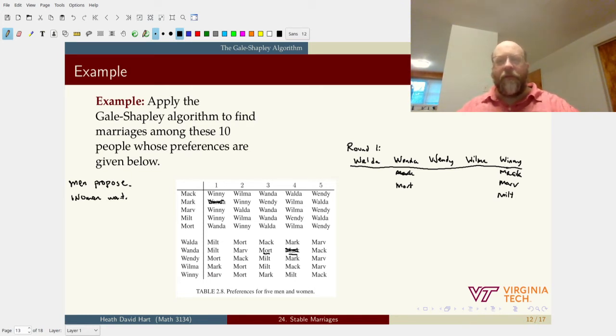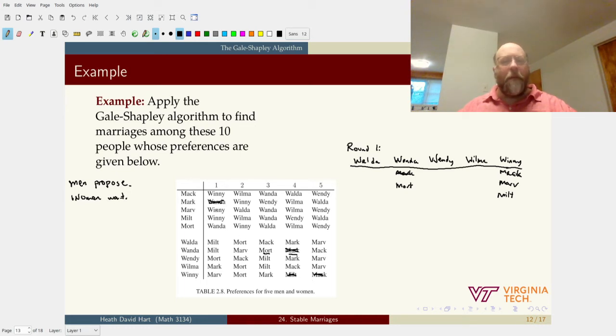All right, so let's look at what Winnie does. She's got three suitors, Mac, Marv, and Milt. Marv is her first choice. And so she's going to go ahead and say, yeah, I like you, Marv. And send Mac and Milt back to the stag pool.